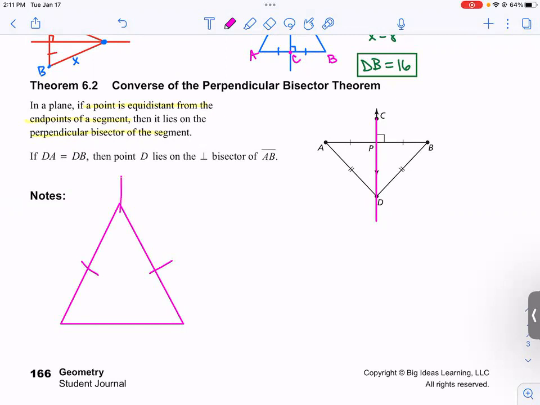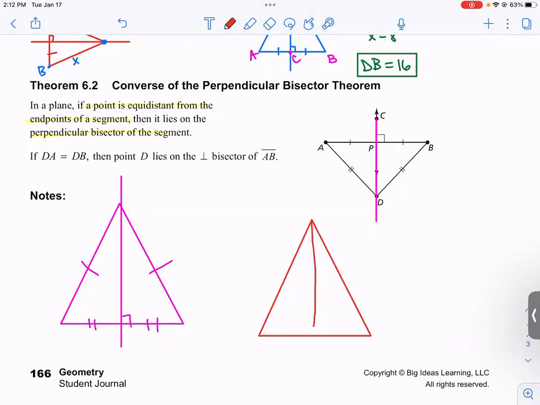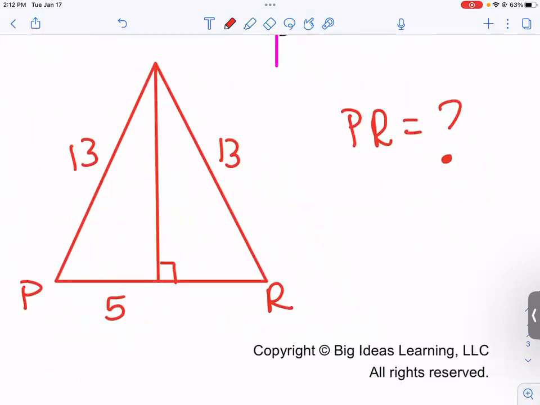And if we have this piece here, like this, we know it's a perpendicular bisector. Okay, so this is the example I want you to write down.